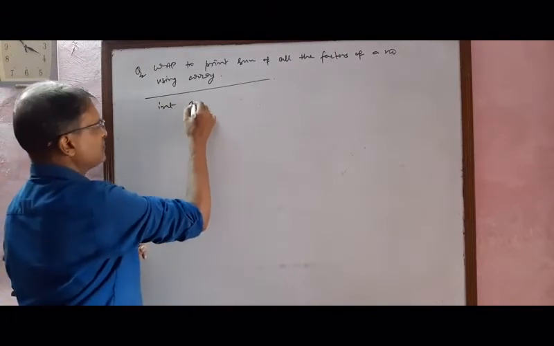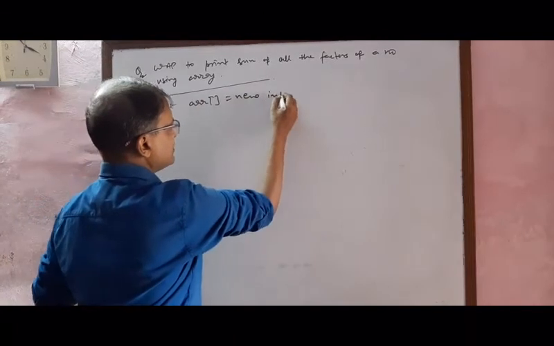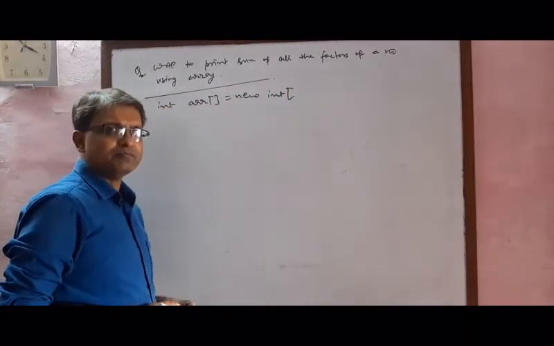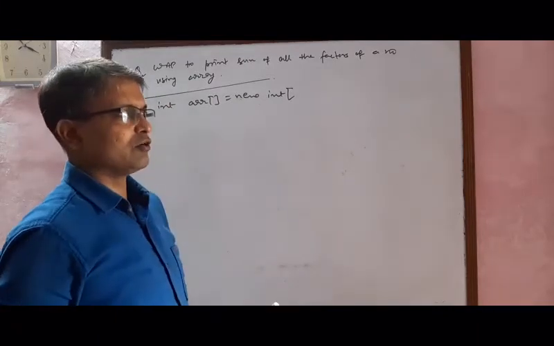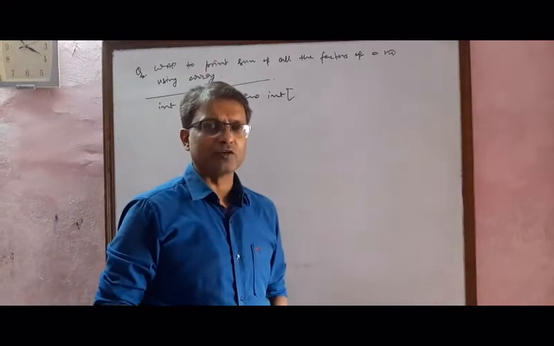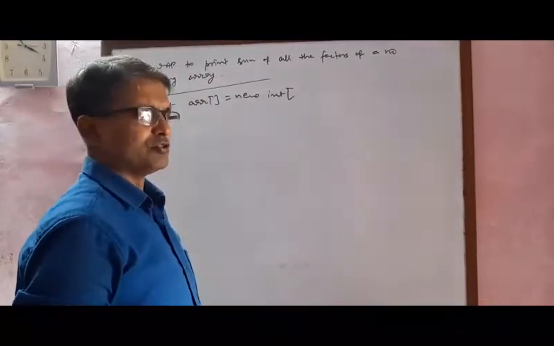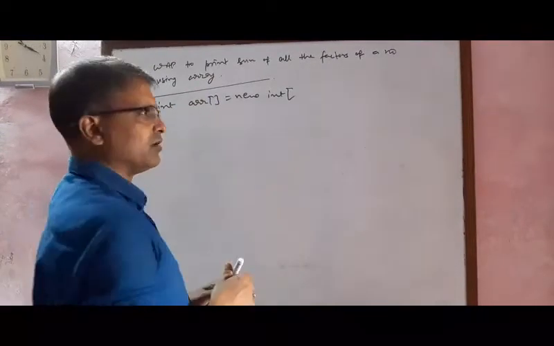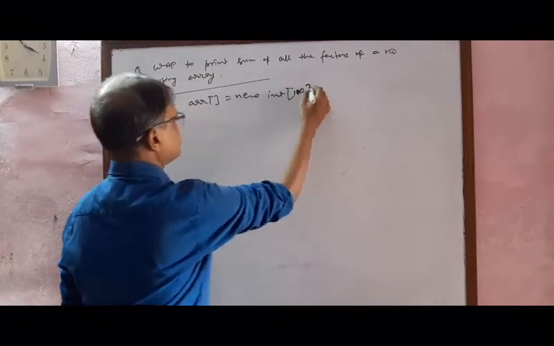So first of all, declare the array: int arr equal to new int. What should be the size of the array? It depends on the number. Suppose you are going to find the sum of factors of 6, then the maximum size should be 6. So let us suppose that we are going to find the sum of factors of a 2-digit number, so let us suppose the size of the array is 100.